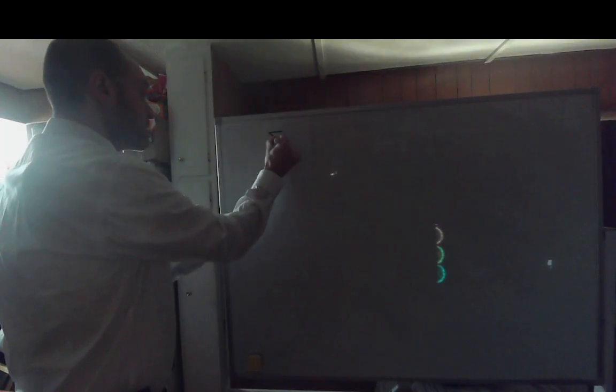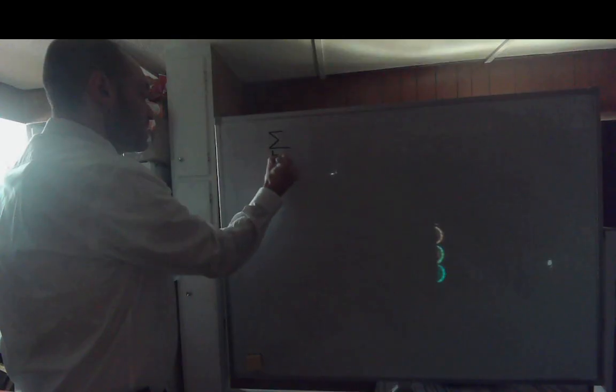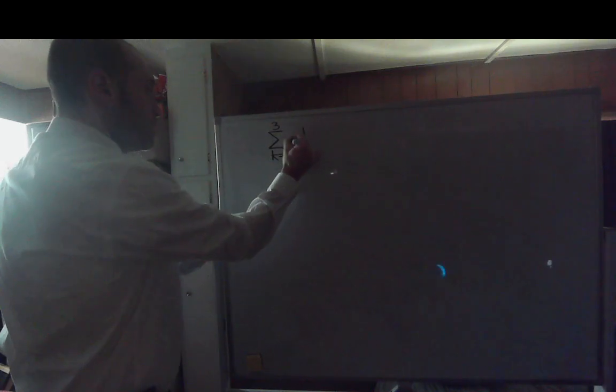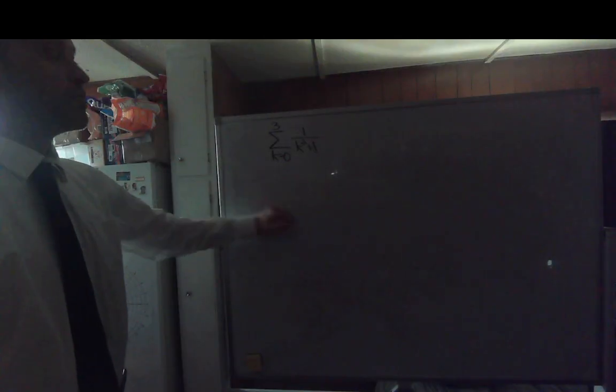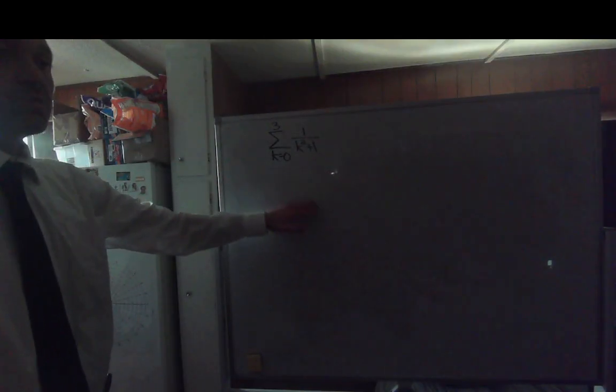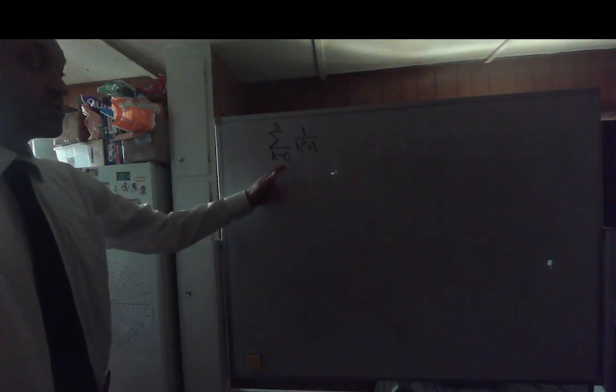Let's see, we'll start from k equals 0 to 3 of 1 all over k squared plus 1. So we're taking the sum from k equals 0 to 3 of 1 over k squared plus 1. So notice we start at 0.